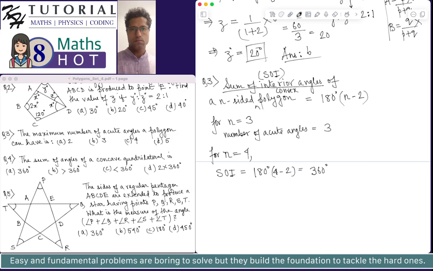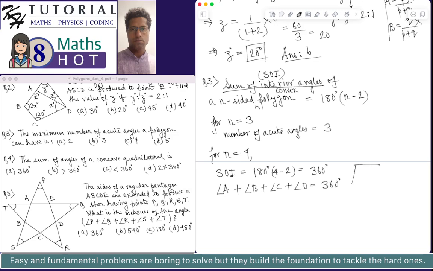Let's say the polygon is ABCD. So we will have angle A plus angle B plus angle C plus angle D equal to 360 degrees.